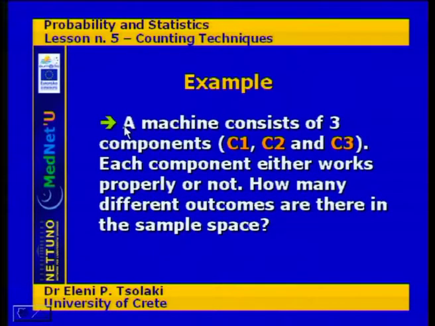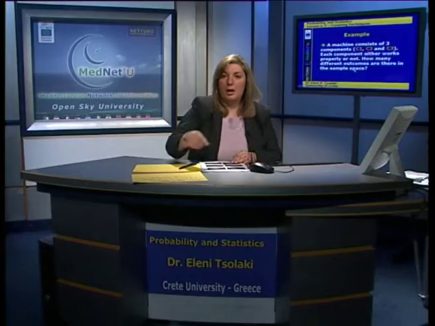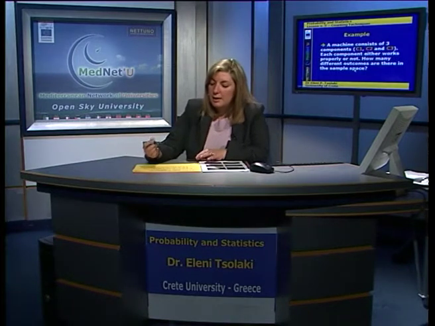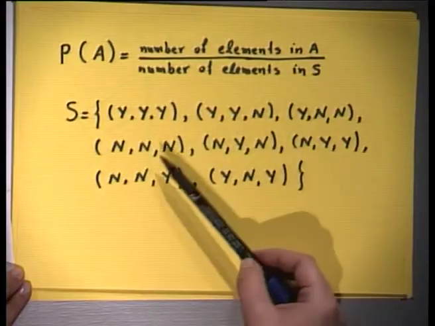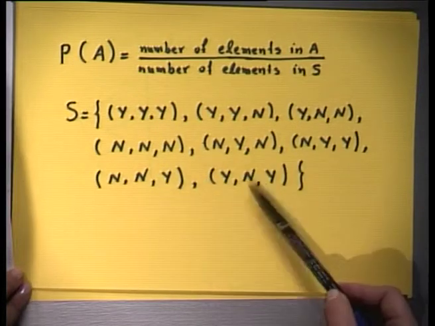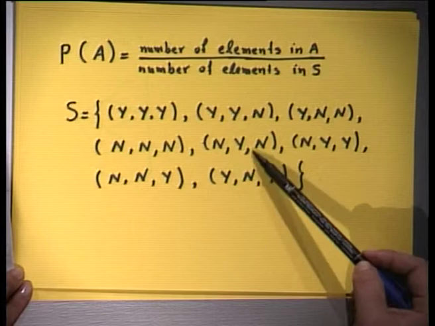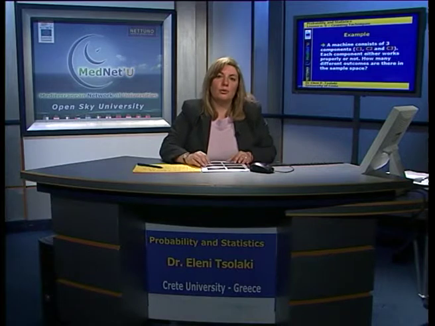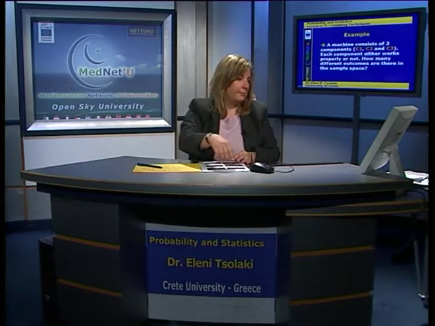So back in our previous example, we had that the machine consists of the three components C1, C2, and C3. We know that each component either works properly or not, and we want to find how many different outcomes there are in the sample space. We remember that we have seen by hand that there are 8 different outcomes here, and we are going to use the counting technique to find out how many elements there are.